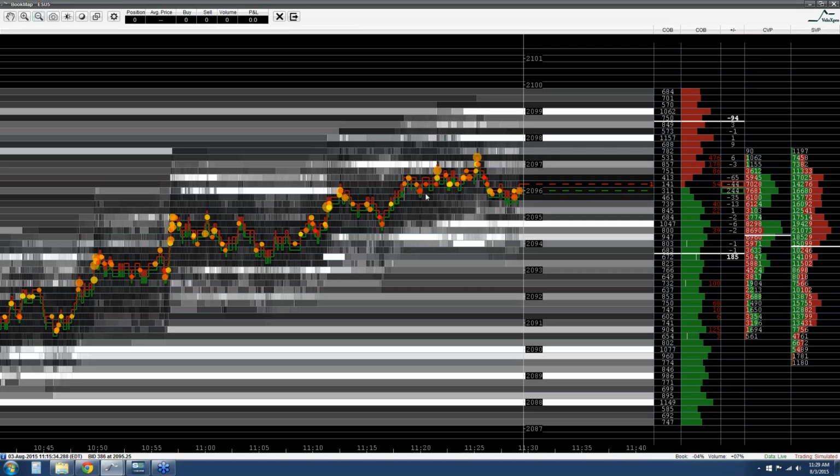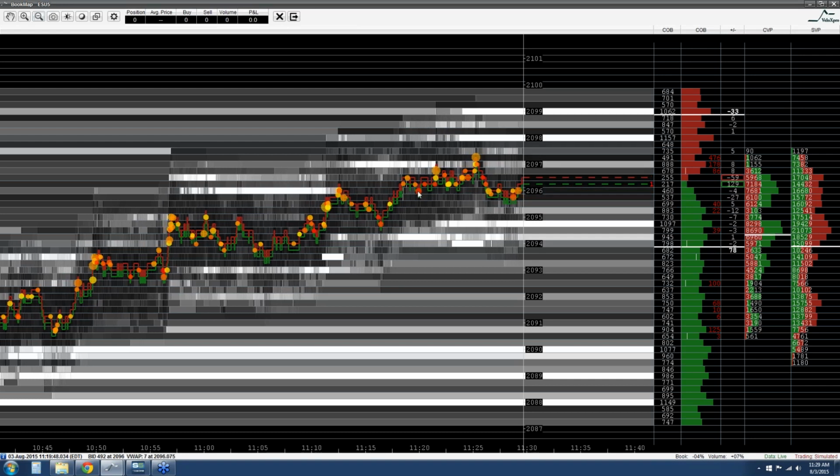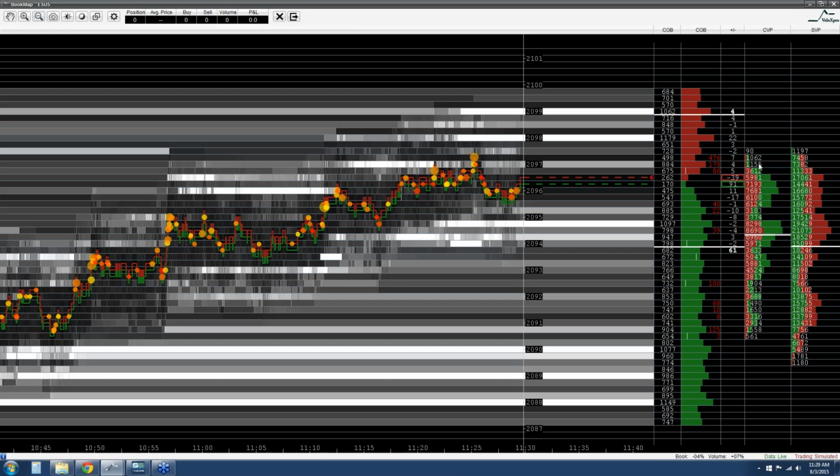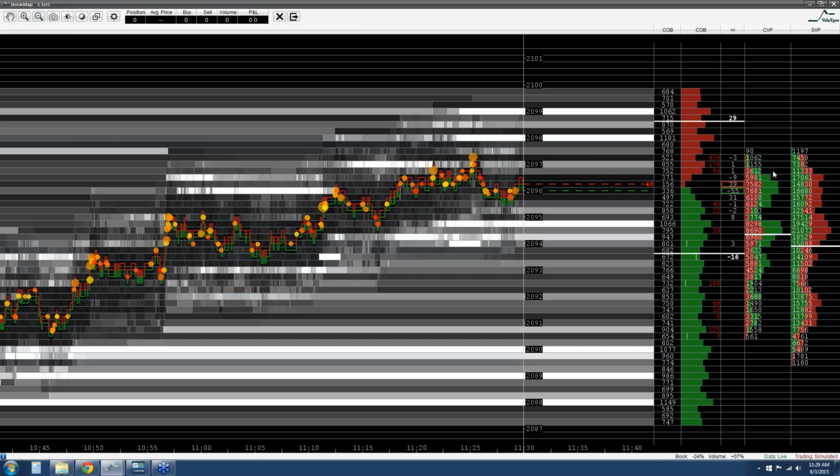It's interesting, this kind of activity. Notice how we accept above this swing here. It's fighting it though, and we're seeing a lot more sellers come in. How do I know that? Just look at the color of the dots. You can split out your volume, look at the delta, and look at the exact numbers.